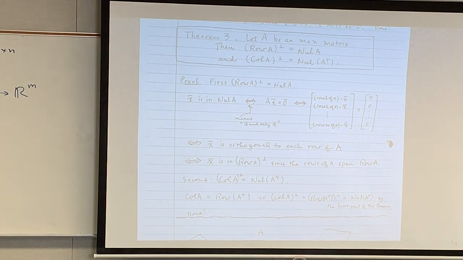So, in fact, we made this observation a while ago, that both of those can be thought of as subspaces of Rn. And what this theorem is saying is there's a relationship. I think we can just say they're orthogonal complements of each other, but the statement of the theorem says the orthogonal complement of the row space of A is the null space of A.